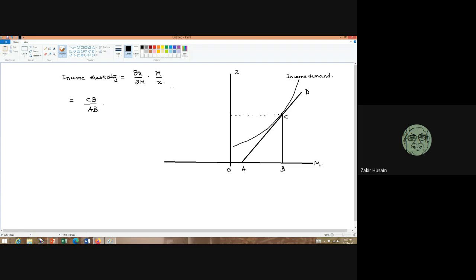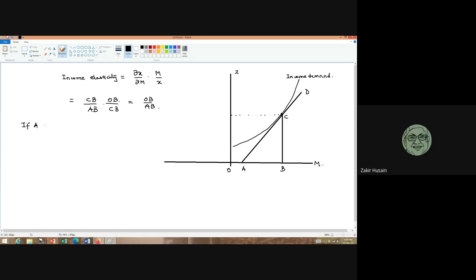Now, what is m? M is 0 to B, OB. Yes, sir. And what is x? X is simply this part which is equal to BC, or that I'll write CB. So in that case, what do we have? We have OB by AB. Now, which is larger? OB. Okay.